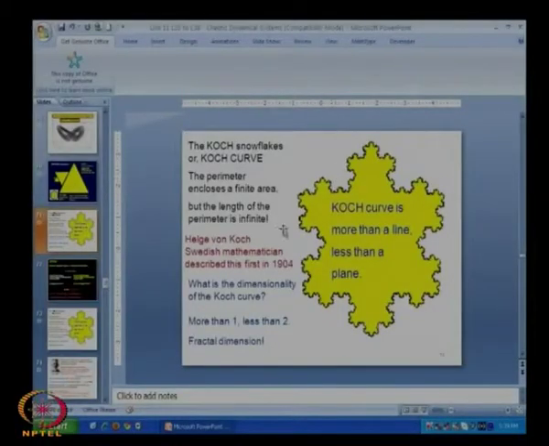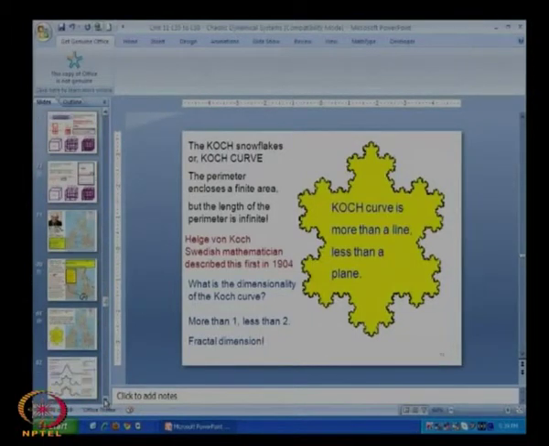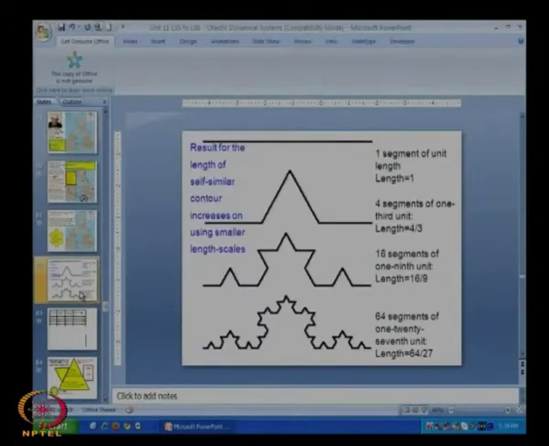There is another picture which I have which will make this very clear, but I need to jump a few slides and then I will resume that discussion. Yeah, here it is. To show this I am going to come back and discuss this slide. So, just ignore everything else that is on this slide for the moment. Just see one line and think of this as the side of the triangle that you talked about.